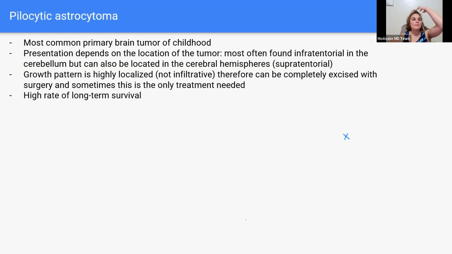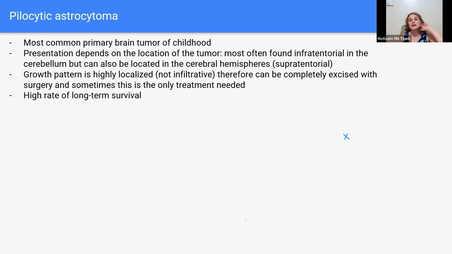Okay, so reviewing what a pilocytic astrocytoma is. It's the most common primary brain tumor of childhood that's benign. Medulloblastoma, which we learned in the first case, is the most common malignant brain tumor of children. Pilocytic astrocytoma is the most common benign tumor. Presentation depends on the location of the tumor, but most often they are in the cerebellum. They can also be higher up in the brain, or supratentorial, but that's less often.